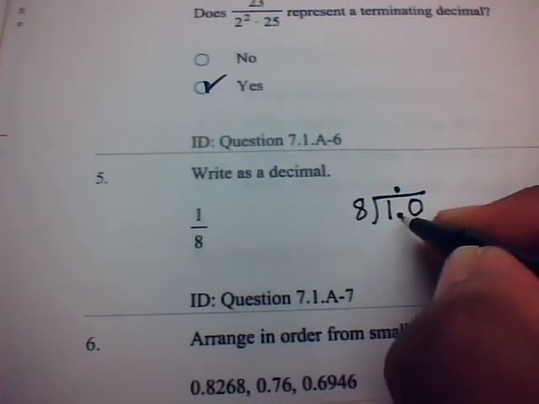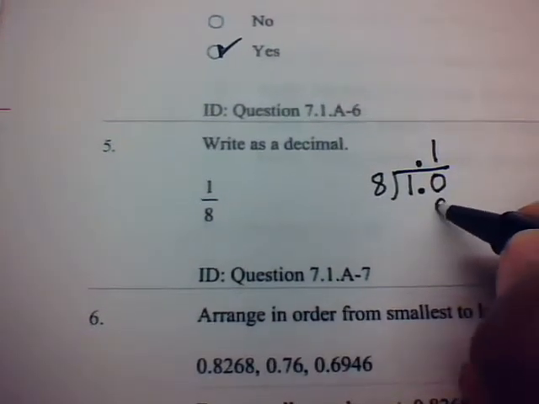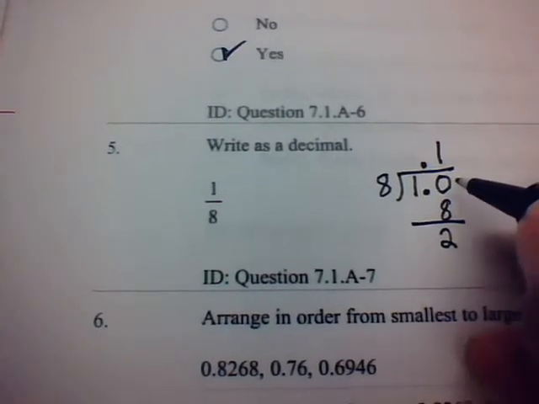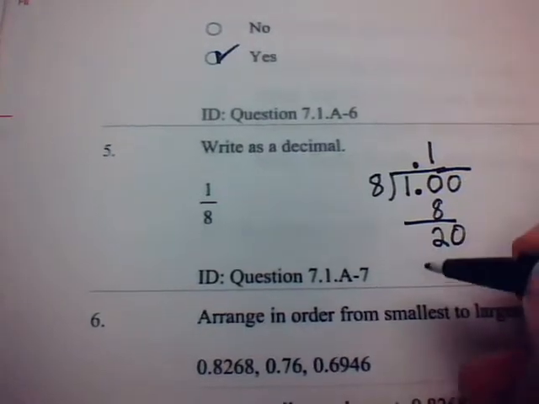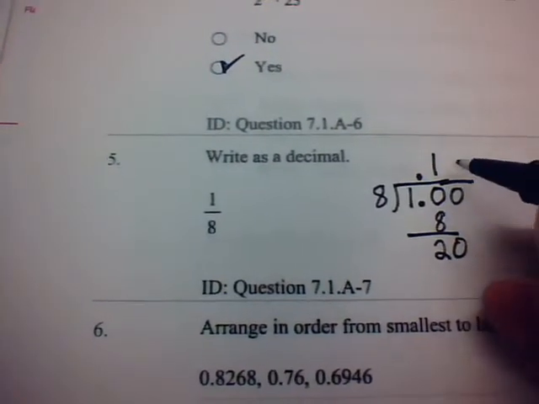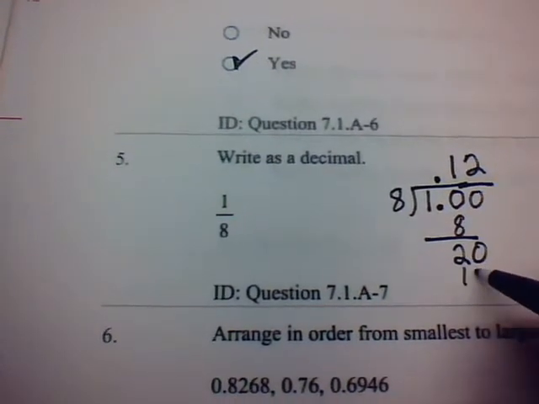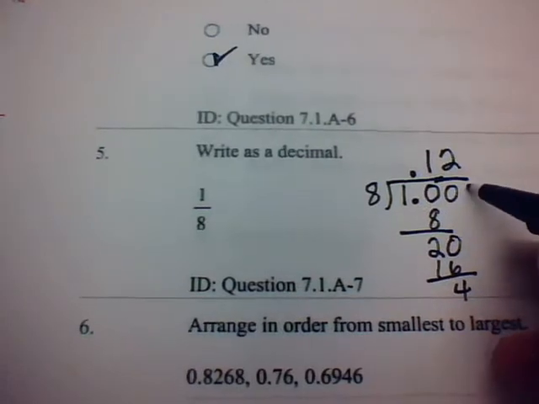But we can divide 8 into 10. That's going to go one time. So 1 times 8 will be 8. 8 from 10 will be 2. Now what we need to do is add another 0, bring it down. Divide 8 into 20. That's going to go 2 times. That'll be 16. 16 from 20 will give you 4.